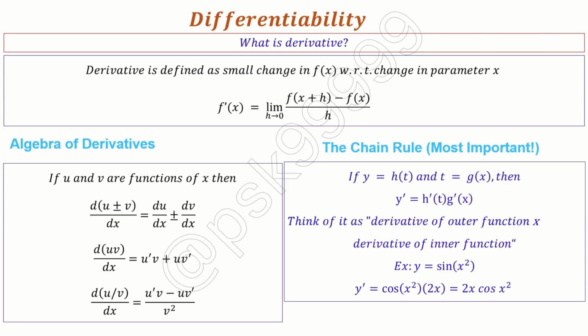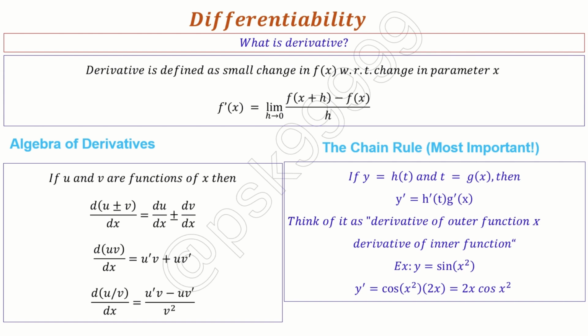Because t is nothing but g of x, you differentiate it separately. First you treat h of t as a function of t and differentiate with respect to t, and then you take t, which is g of x, and differentiate it again, and the product of those outcomes is the answer. So first differentiate the outer function, then differentiate the inner function.